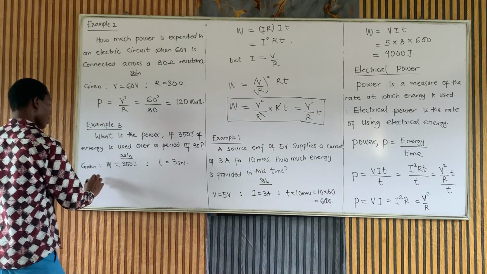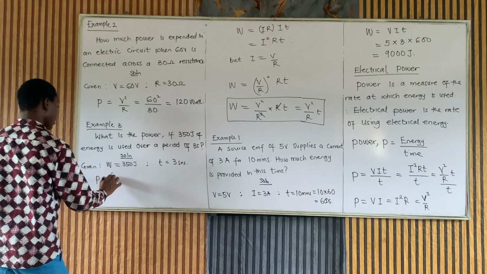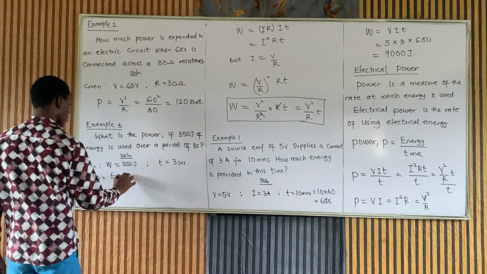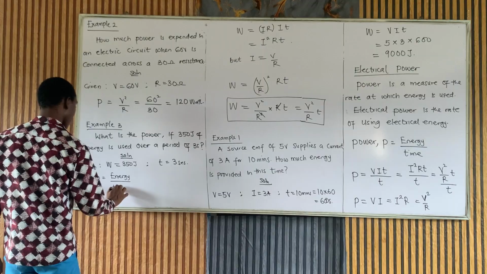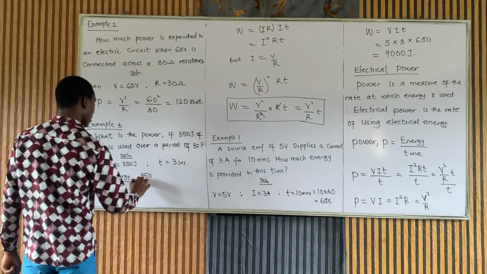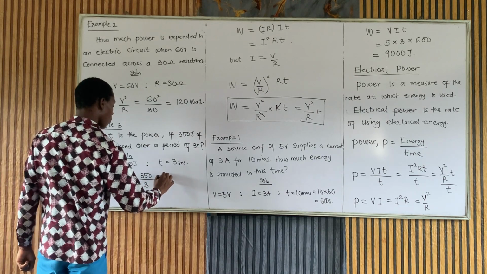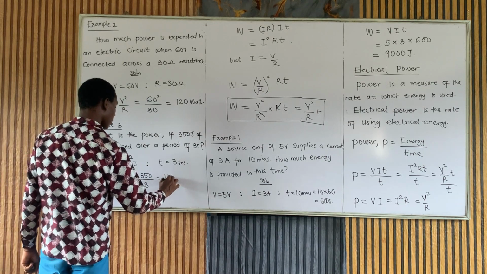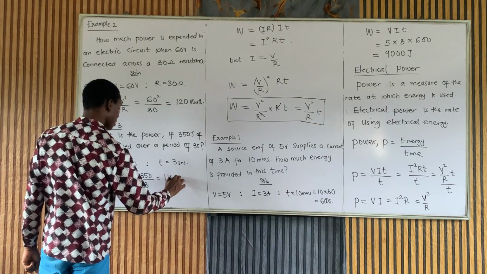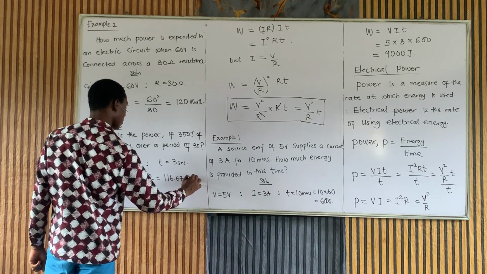So we know that power is energy over time. So this will simply be 350 divided by 3. And this will give us 116.67 watts.